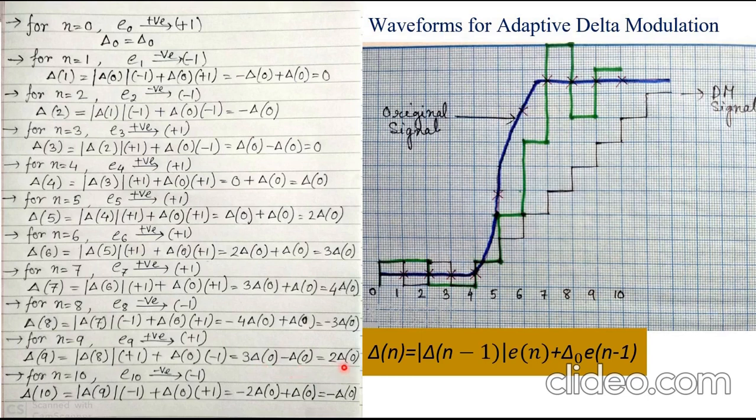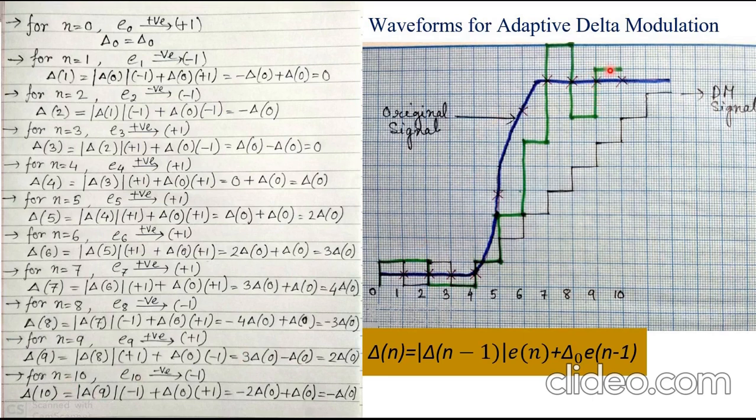So this plus 2 delta 0 means it will reach up to this. Okay. Now it is plus 2 delta 0, so it will reach up to this. Now again, you will be comparing over here. So this is the last calculation I will be showing over here.